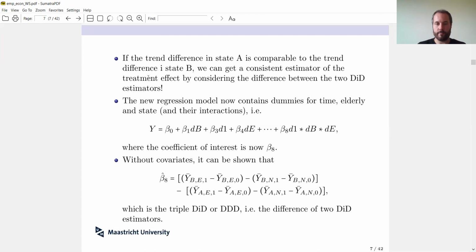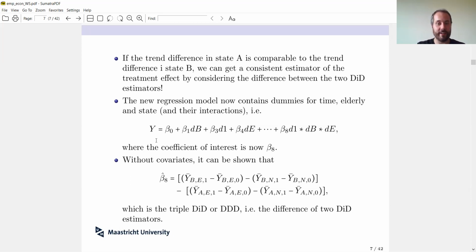So basically, that's what you see here, right? This is the first difference-in-differences estimator, and here we have the second difference-in-differences estimator. When we take the difference of both, we cancel out these differences in trends between the elderly and the non-elderly. And again, we can write this as a regression model. You see here, it simply gets a little bit more complicated.